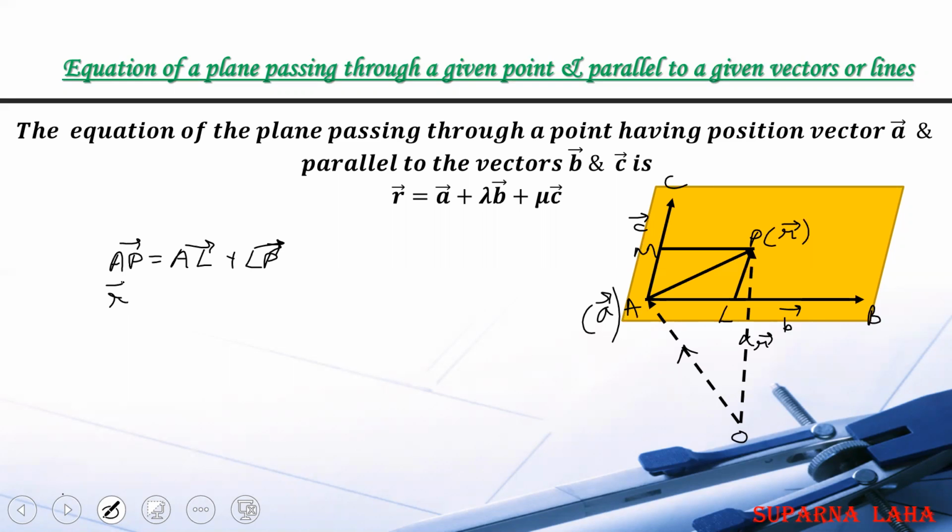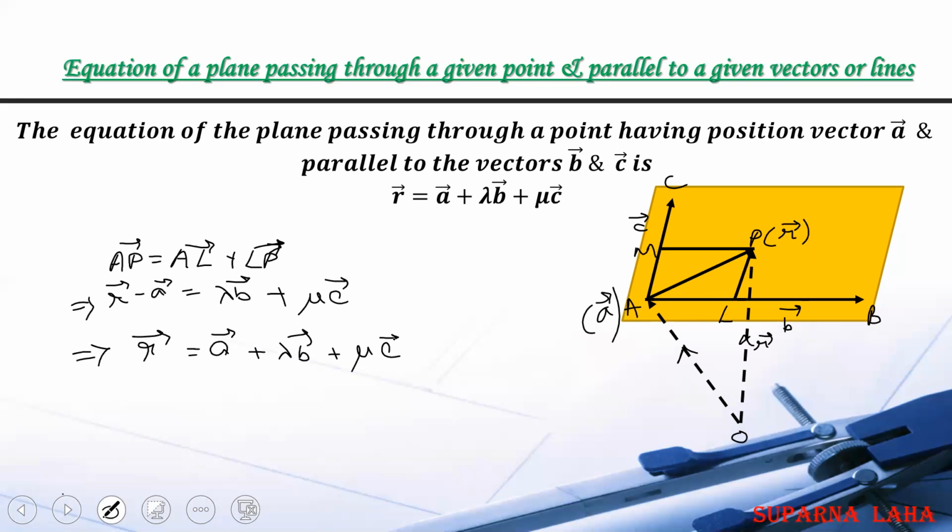Vector r minus vector A. This equals AL, which is parallel to the vector B, so this is lambda into vector B. LP is parallel to the vector C, so this is mu into vector C. So r can be written as A plus lambda B plus mu C. So this is the equation, or we can say this is the parametric form of the plane.